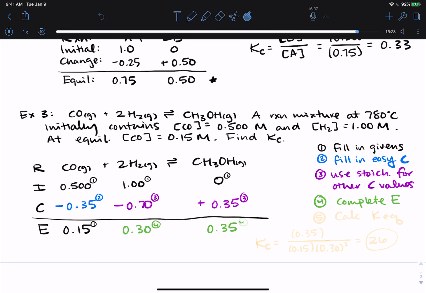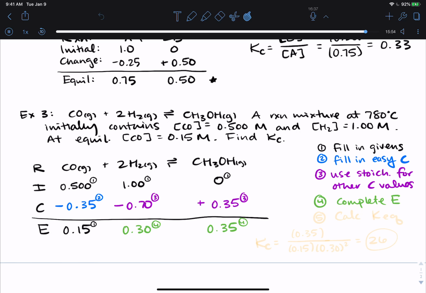So this is where, if you have made any mistakes in your stoichiometry, or if you made the reaction go the wrong direction, which is something we're going to talk about in a later video, you will see that maybe you got a negative value here and you can't have a resulting negative value for an equilibrium concentration.